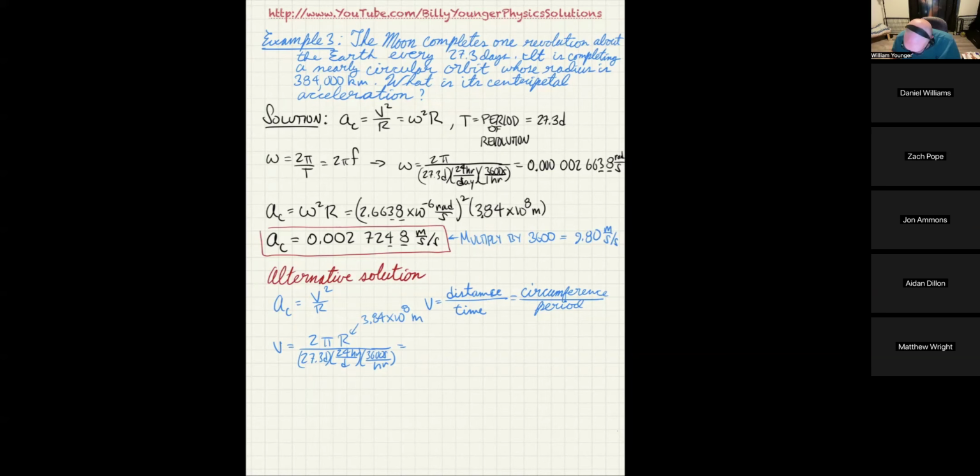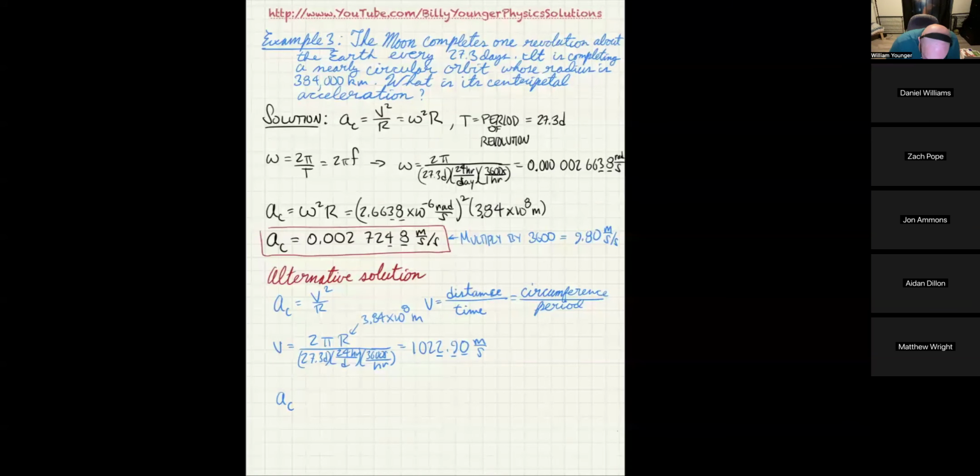Now I'm going to divide that by parentheses 27.3 times 24 times 3,600, close parentheses, and that gives me 1,022.90 meters per second, which, by the way, is 2,300 miles per hour. So that's pretty fast, 2,300 miles per hour. Of course, we really only had three sig figs, so the 2, the 9, and the 0 are not sigs.